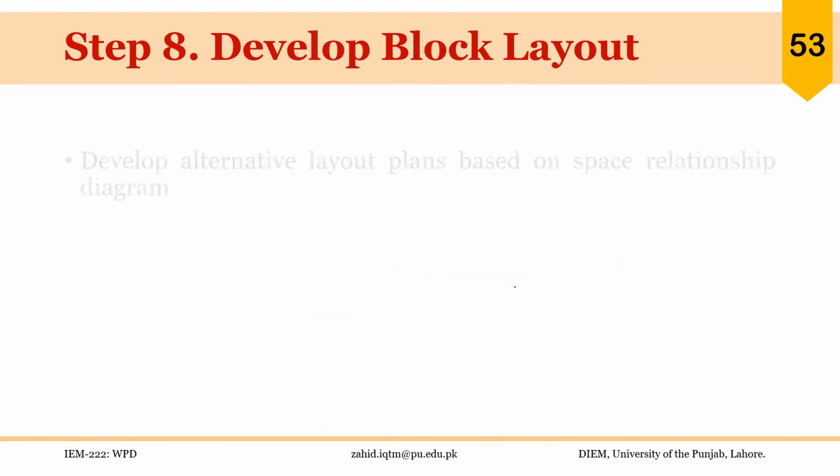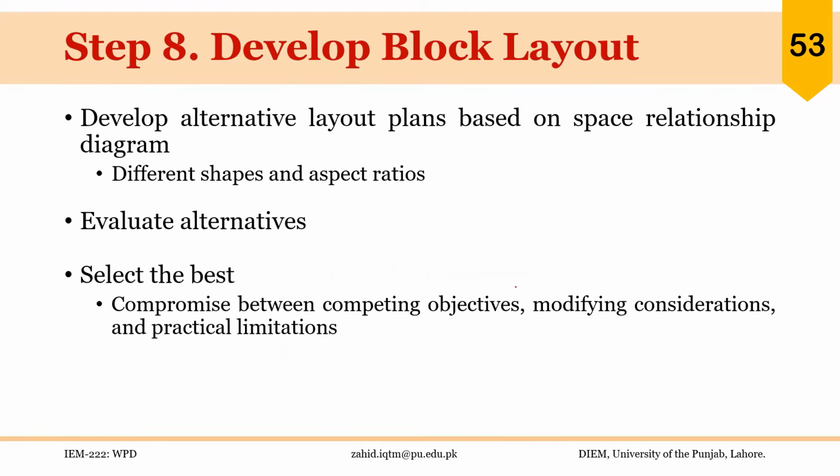Then in step number 8, we have to develop a block layout. Here we develop alternate layout plans based on the space relationship diagram, and we check different shapes and aspect ratios. The simplest shape is, of course, a square, but we could consider rectangles or other shapes. One important factor that comes into play here is the available area: what is the available area and what is the shape of that area?